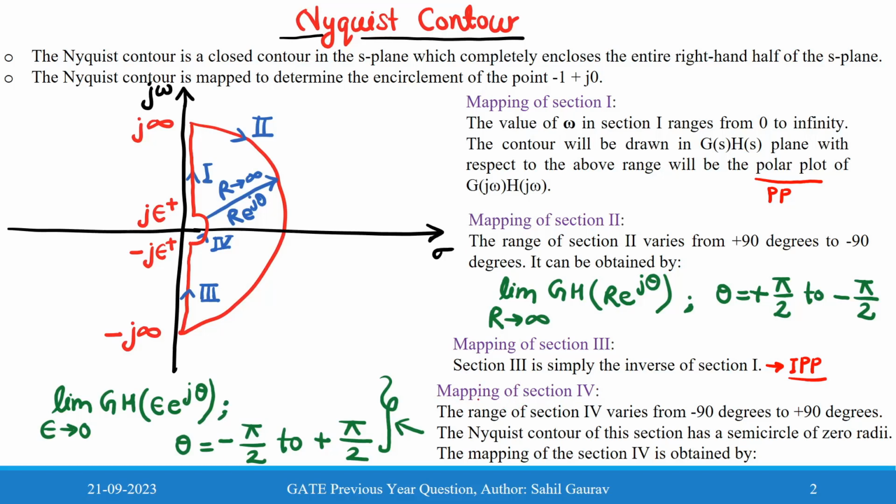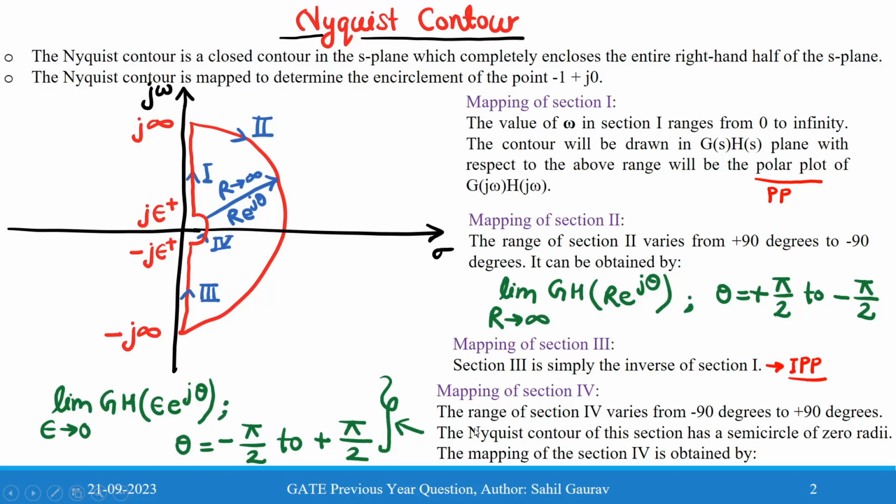For mapping of section 4, we can see that this Nyquist contour has a semicircle of zero radius, and the angle varies from minus 90 degrees to plus 90 degrees, just coming back to the starting point.